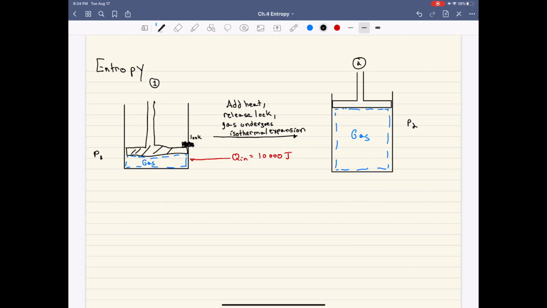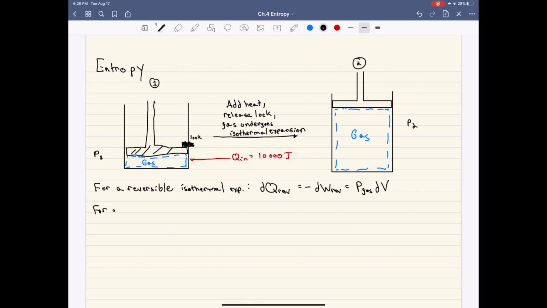Okay, and so once again we have the same diagram for the isothermal expansion, and we saw that for a reversible heat engine or reversible isothermal expansion, dq reversible was equal to dw reversible, and that was just equal to the pressure of the gas times dV.